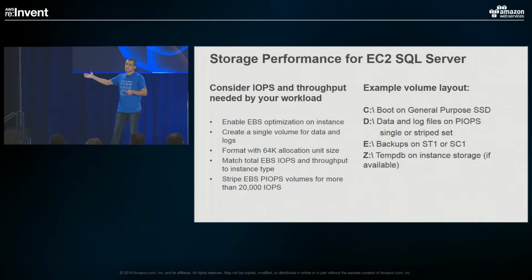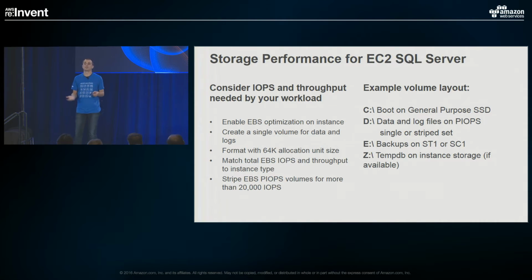This is an example volume layout, but what happens if you can't use EBS, where your performance requirements are so much higher that you will need the I2 instances or the recently announced I3 instances? In that kind of scenario, you would simply stripe and replace that D drive with actual instance storage.